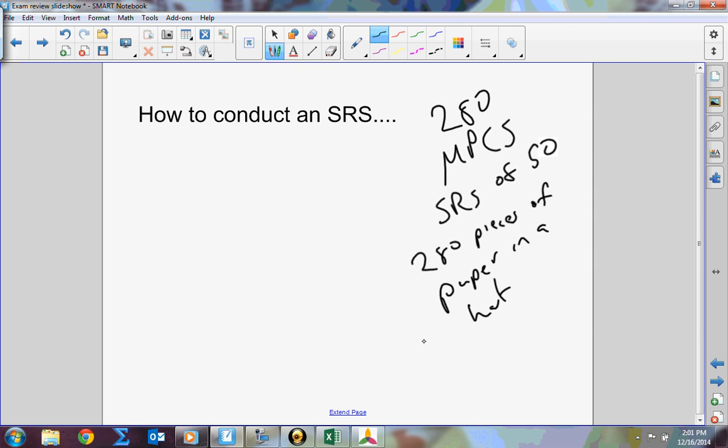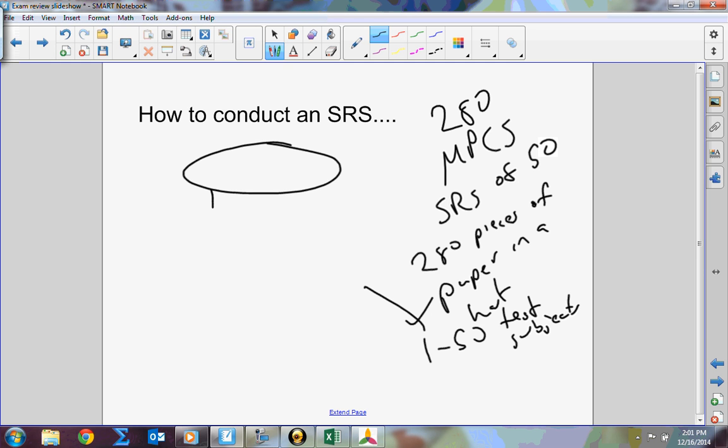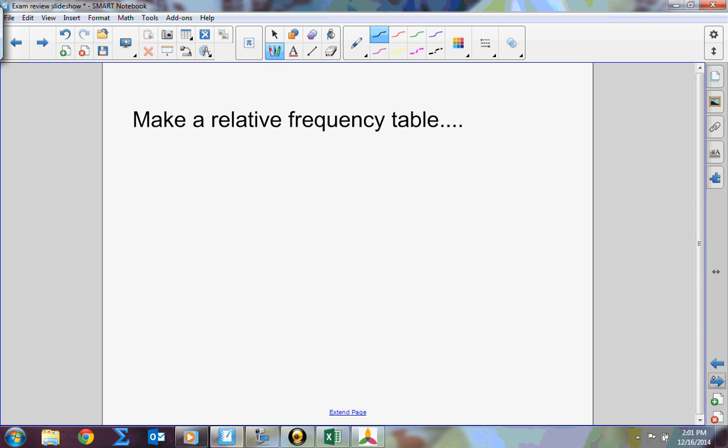And I'll let 1 to 50 be my test subjects and draw until I've selected that 50. There's my hat. I'm going to put the numbers in.